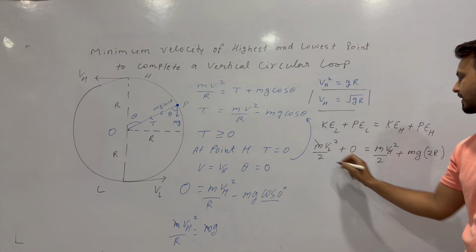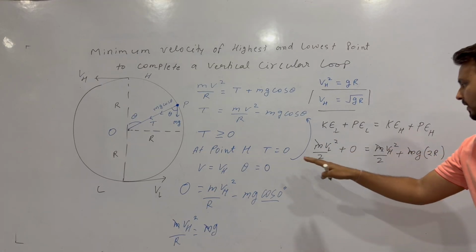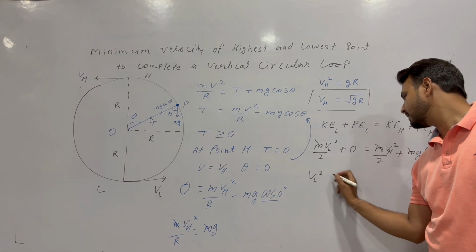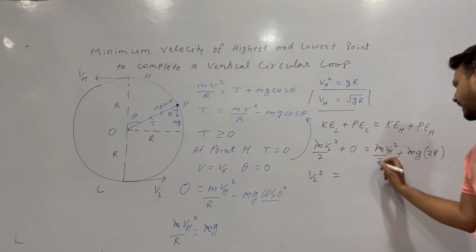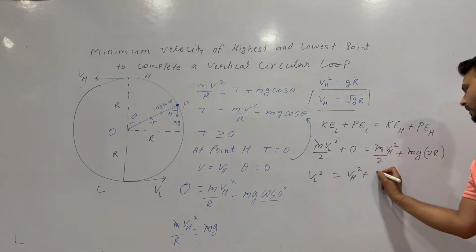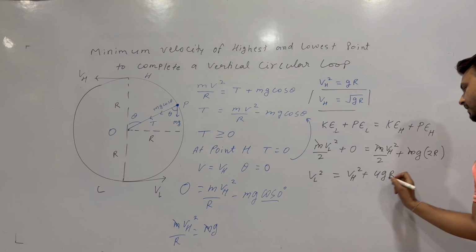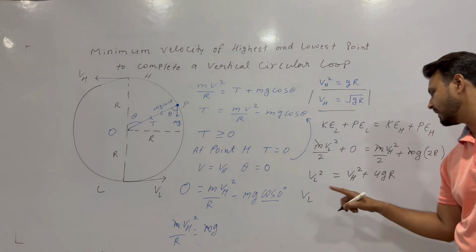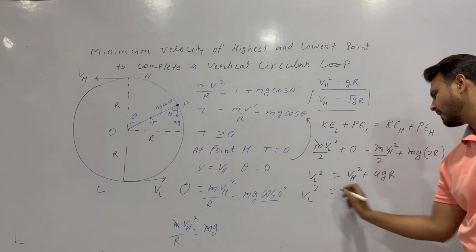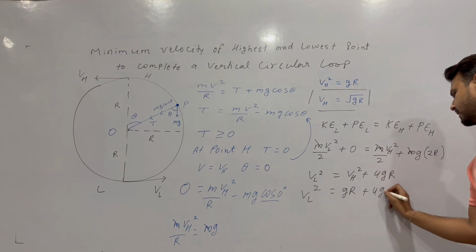Now m cancels from each, and multiplying 2 on both sides, we get vl square plus 0 as it is. Again vh square plus 2 into 2 gr will be equal to 4gr. Now putting the value of vh square, it will be gr plus 4gr.